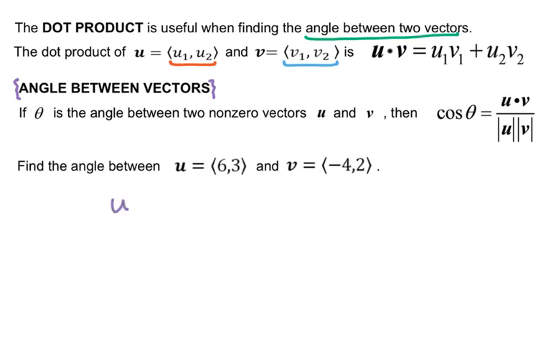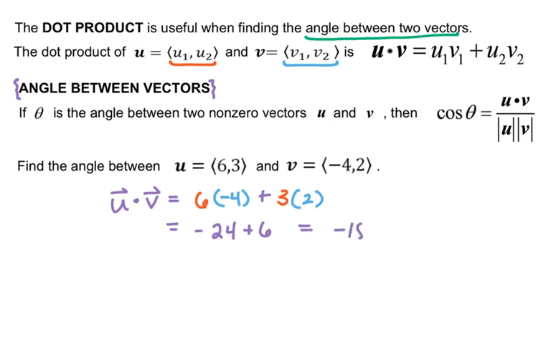U dot v, u dotted with vector v, that means I'm going to take 6, multiply it times -4, both of my horizontal components, and add to that 3 times 2. The dot product here is -24 plus 6, or -18. So -18 is what's going to go in my numerator.